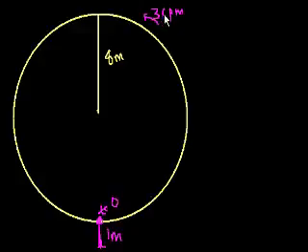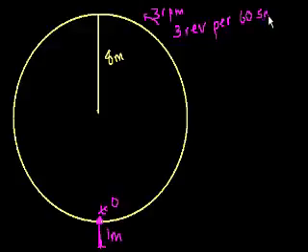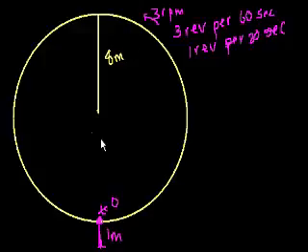So first of all, they're telling us 3 revolutions every minute, right? So that's 3 revolutions per 60 seconds. And that's the same thing as 1 revolution per 20 seconds, right? I just divide both sides by 3. And 1 revolution is how many degrees? 1 revolution is 360 degrees.